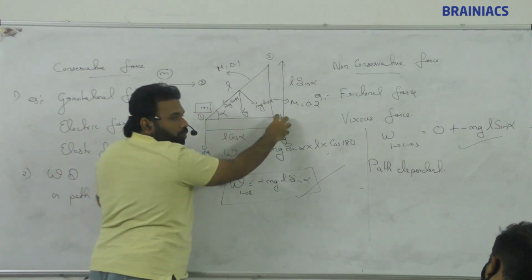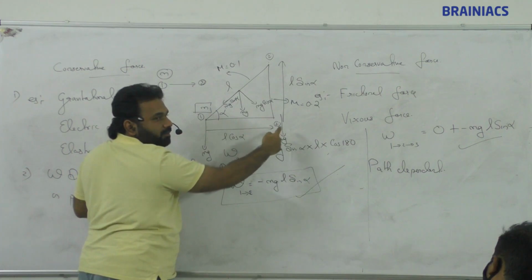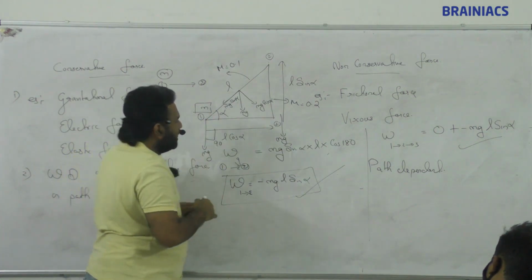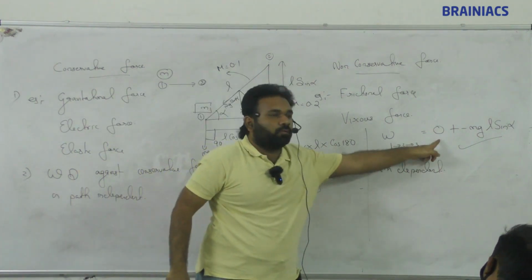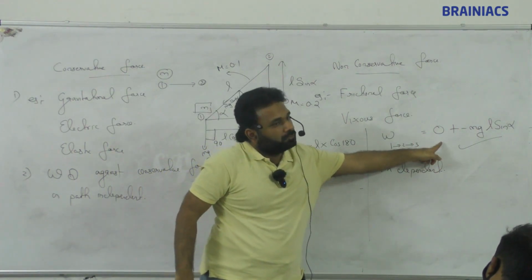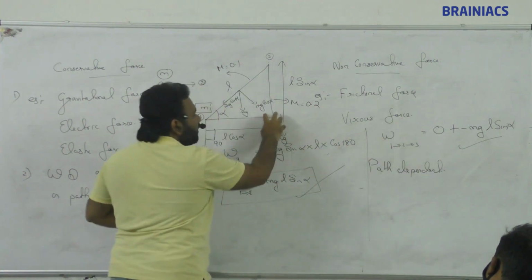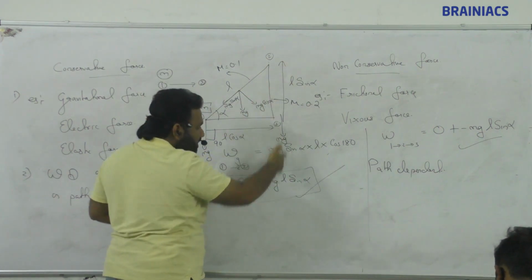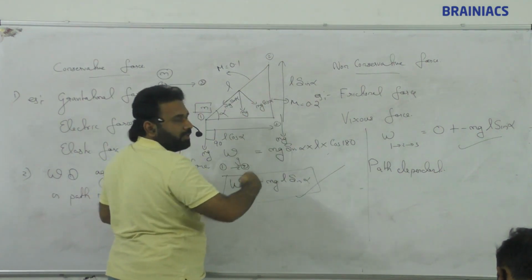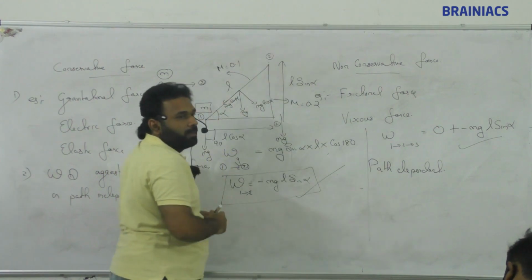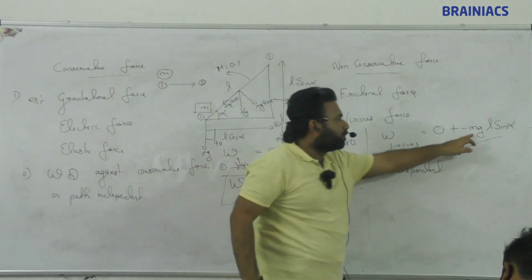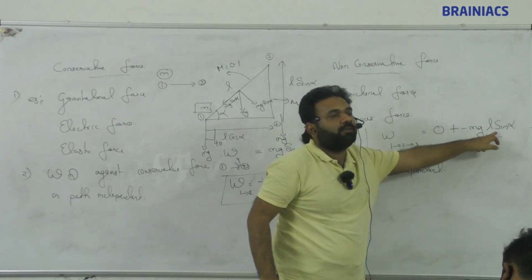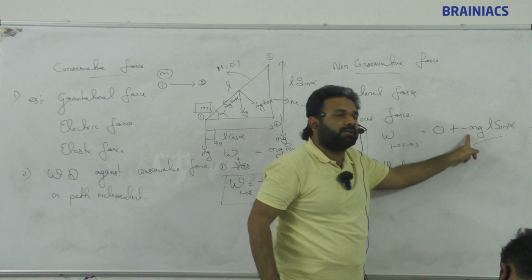When taking it from 1 to 2 this way, this is L cos alpha. mg acts, and since the angle is 90 degrees, mg L cos alpha becomes 0. Up to here the work done is 0. From here to here, mg is acting in the opposite direction, this is the displacement, so mg into L sin alpha, with cos 180, that gives the minus.